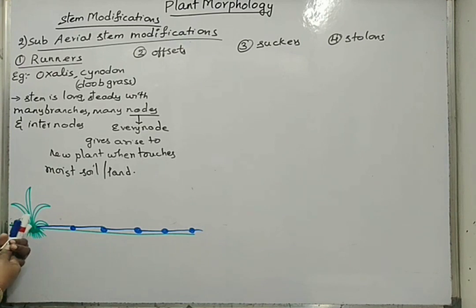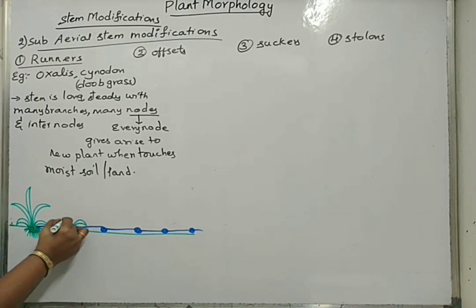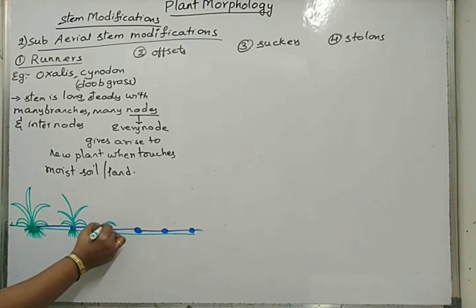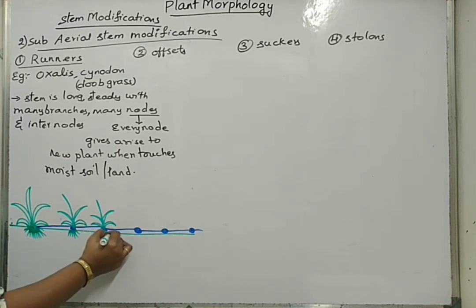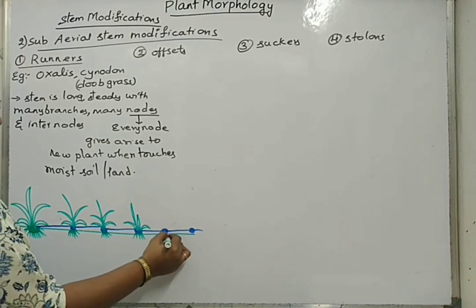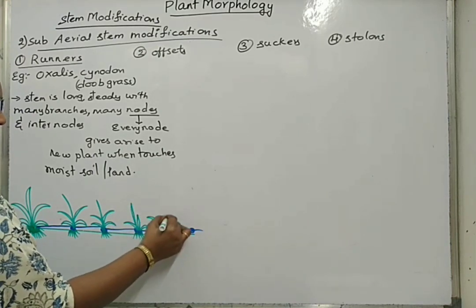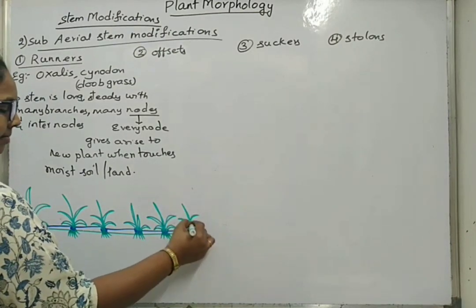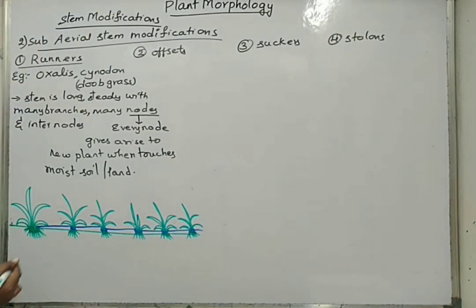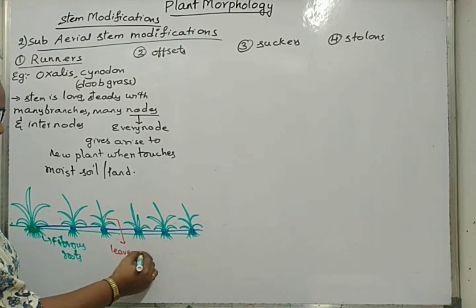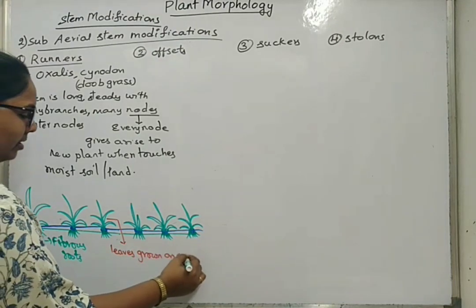When this node touches the moist soil, again it gives rise to a new plant. So these are fibrous roots. Leaves grow on the earth surface.